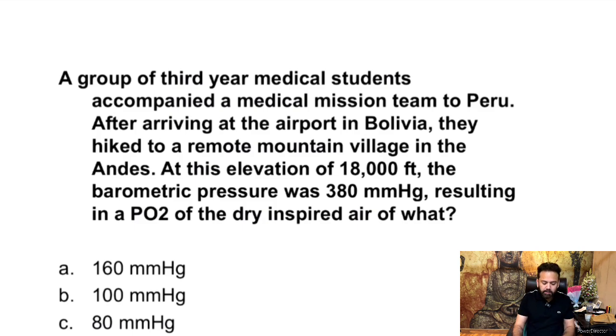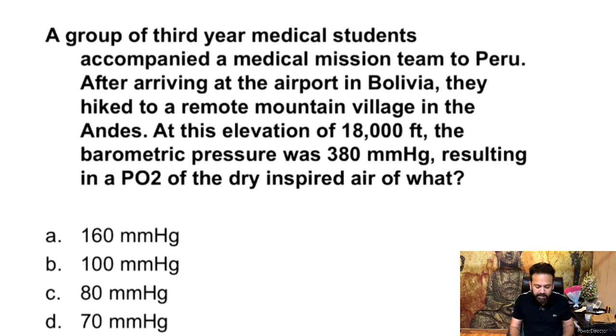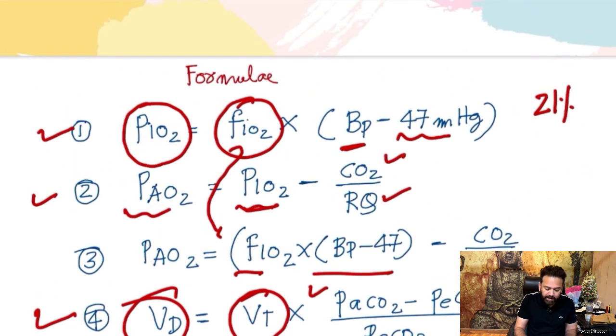A group of third year medical students accompanied a medical mission team to Peru. After arriving at the airport in Bolivia, they hiked to a remote mountain at an elevation of 18,000 feet. Barometric pressure was 380 mmHg. So what is the PO2 of the inspired air? I have given you the formula: PiO2 equals FiO2 into barometric minus 47.